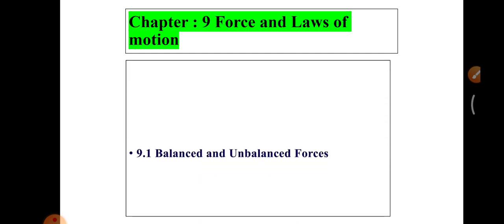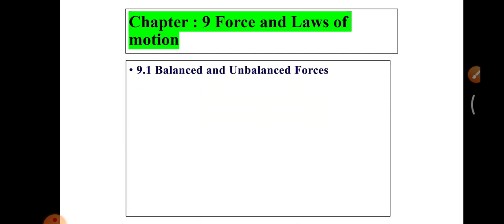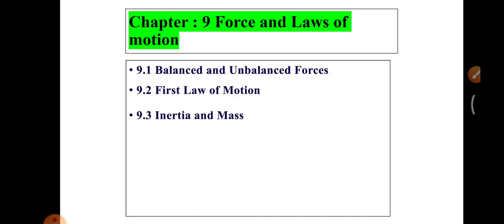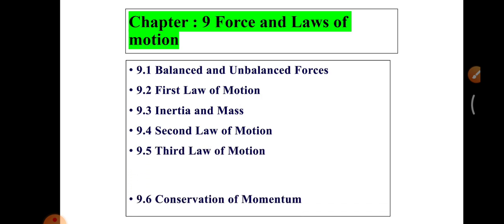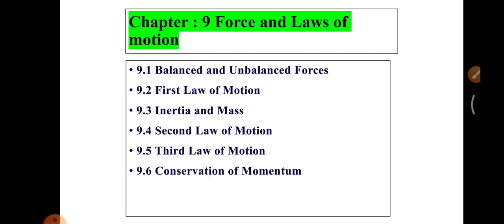Under this chapter we have 6 topics. 9.1 balanced and unbalanced forces. 9.2 first law of motion. 9.3 inertia and mass. 9.4 second law of motion. 9.5 third law of motion. 9.6 conservation of momentum. From 9.1 to 9.4 we completed. Today we are going to see 9.5 third law of motion.